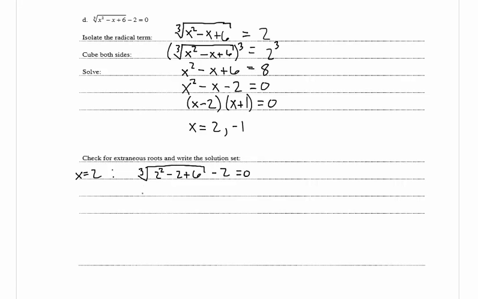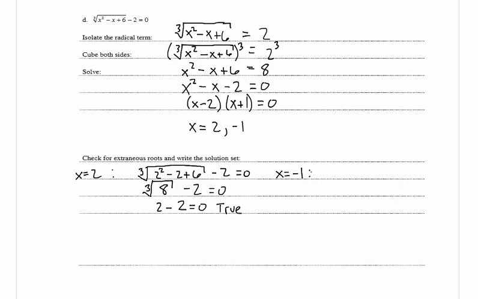And then we have the cube root of 2 squared is 4, 4 minus 2 is 2, plus 6 is 8, minus 2 is equal to 0, and the cube root of 8 is equal to 2, so 2 minus 2 is equal to 0, so this is true. So x is equal to 2 is part of our solution set.